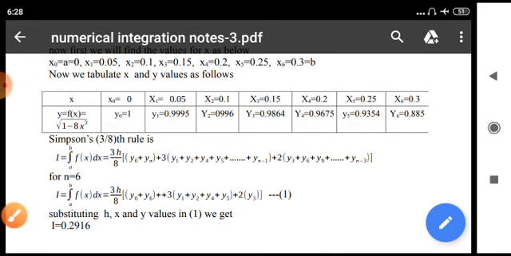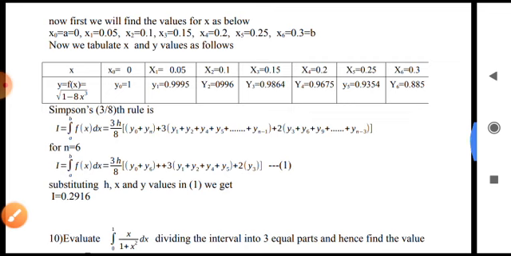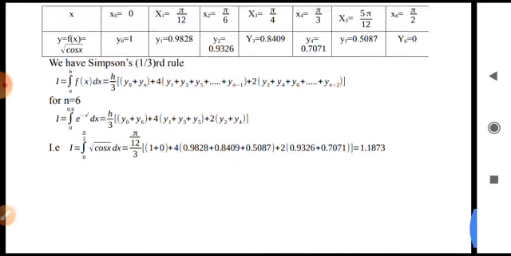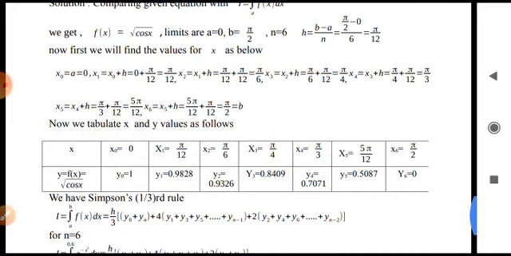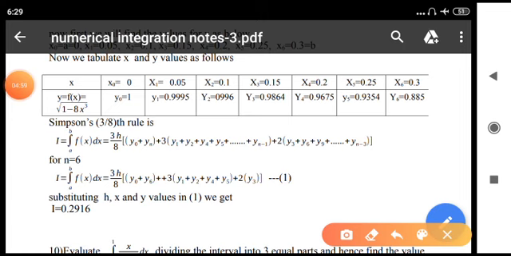Now we have Simpson's 3/8 rule, which says that I equals 3h by 8 times y0 plus yn, plus 3 times y1 plus y2 plus y4 up to yn minus 1, plus 2 times y3 plus y6 up to yn minus 3.